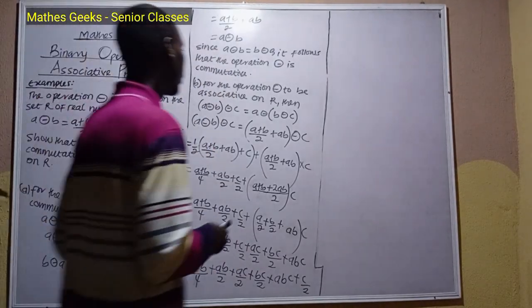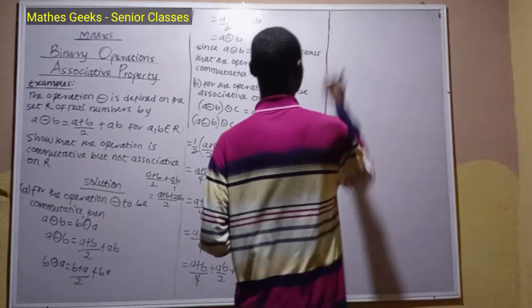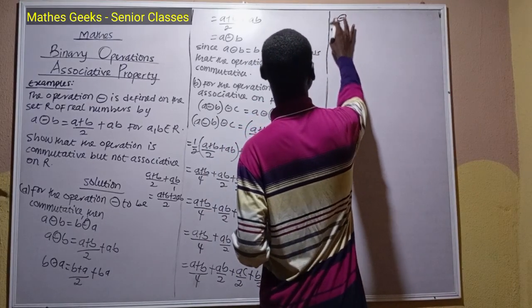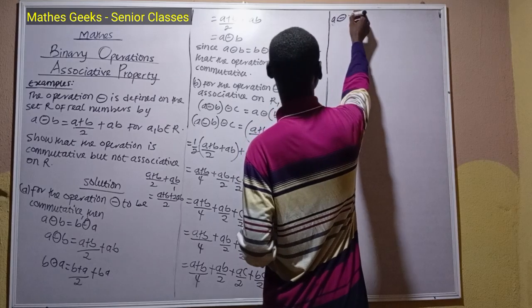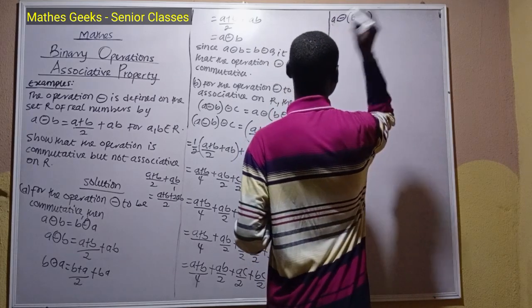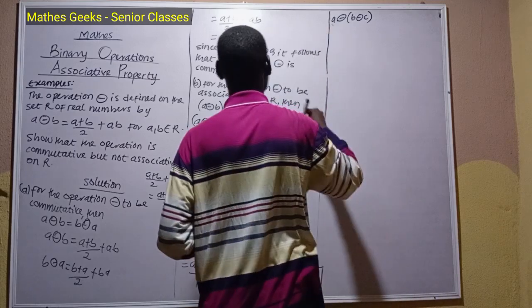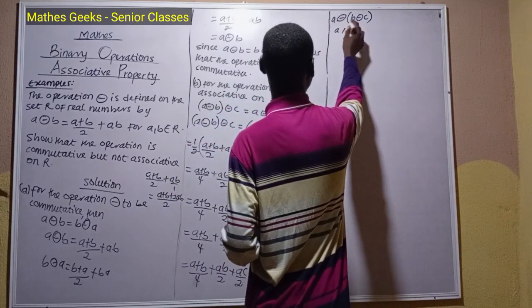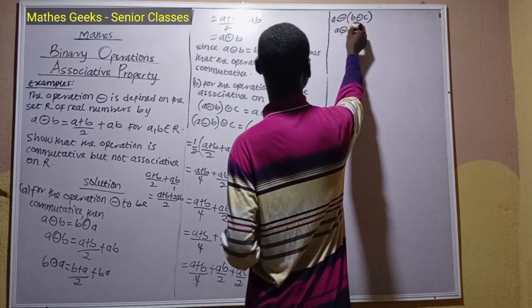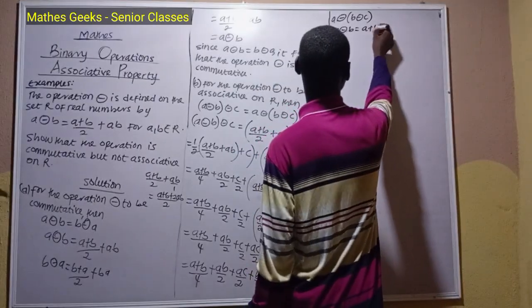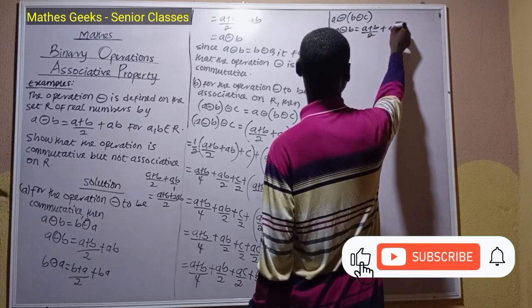So let's put this back. A operation A operation B operation C. So first thing, from our general rule, A operation B is equal to A plus B over 2 plus AB.